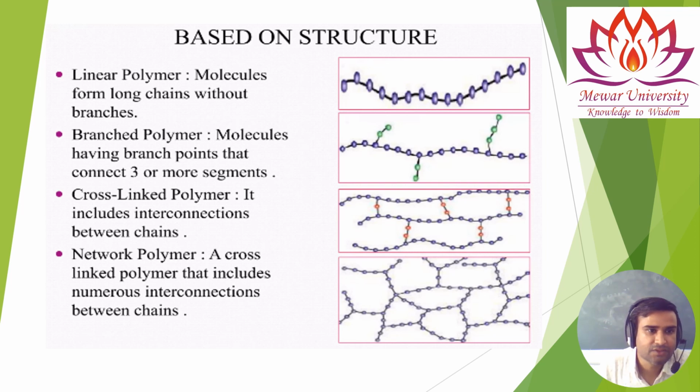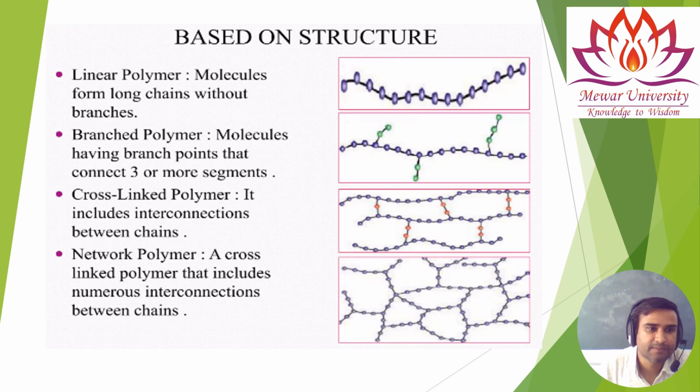The next one is cross-linked polymer. In this type of polymer, it includes interconnection between the chains. You can see these are the two chains. In between the chains, there is an interconnection. So these types of polymers are known as cross-linked polymers.